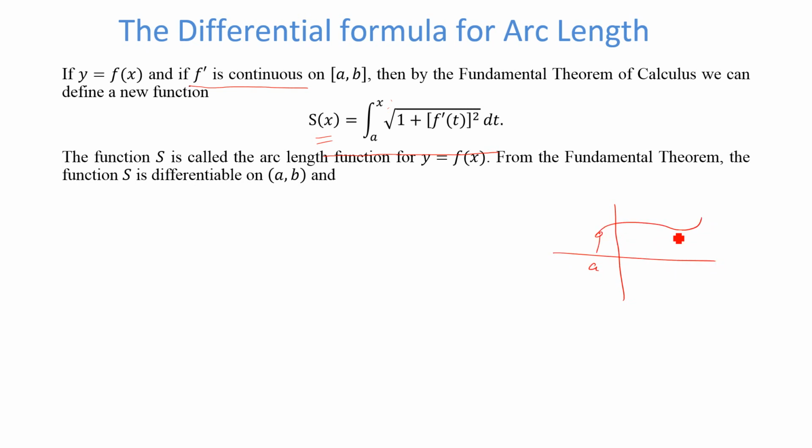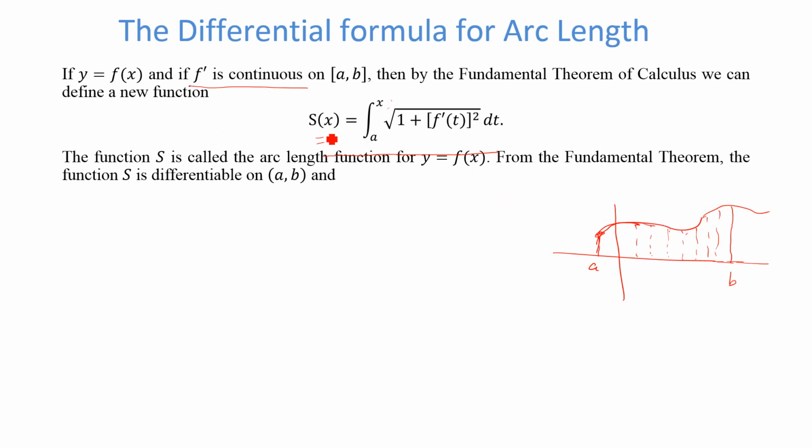If this is a, and the function is defined and continuous, of course, and its derivative is continuous in the interval up to b, then we can define the arc length using this formula, at any point in the interval, starting from a. So this is fixed, and we can find the length of this piece.